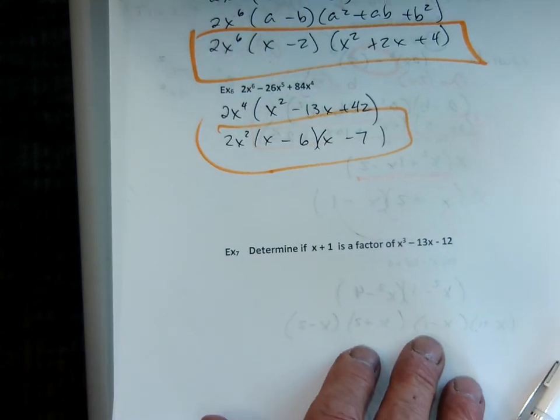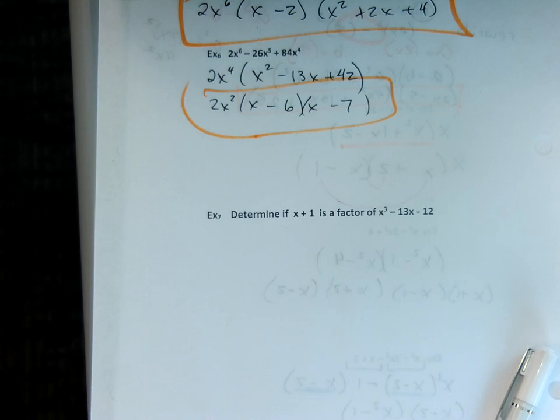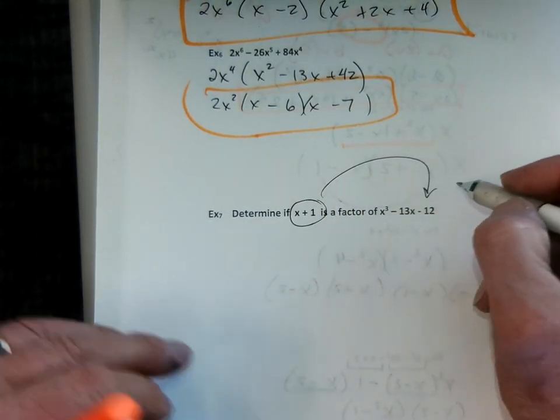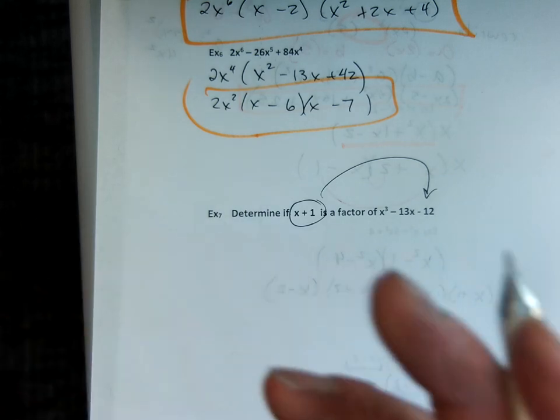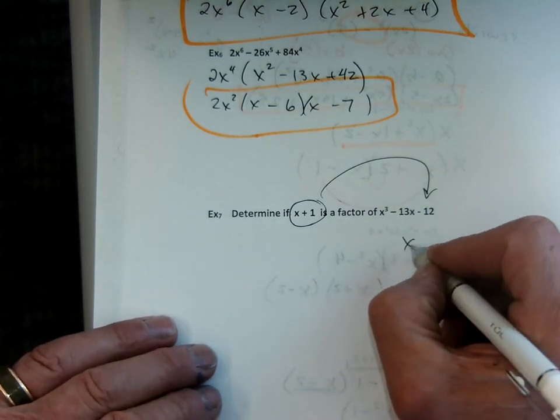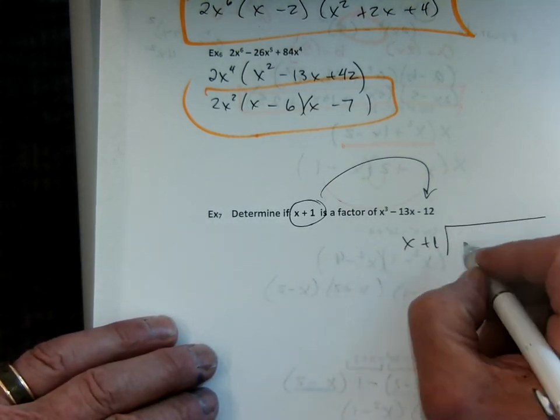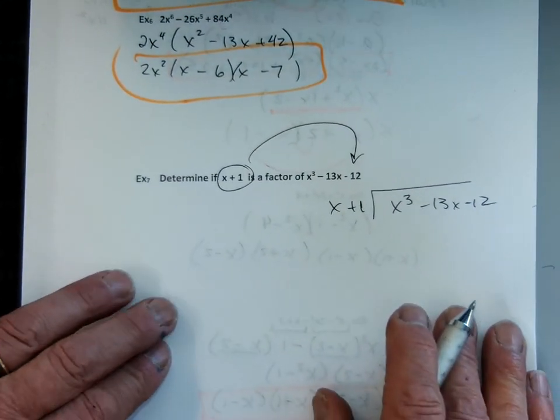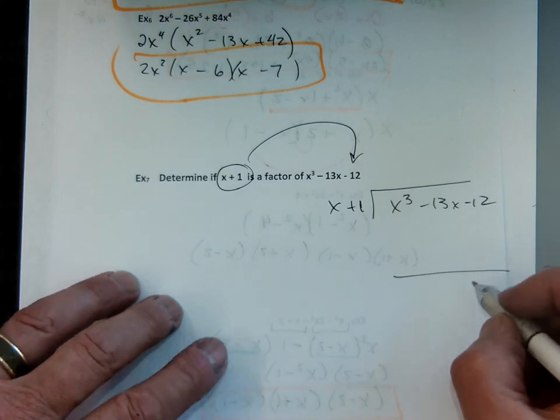Okay, number 7, almost done. So number 7, is x plus 1 a factor? Does it go in evenly? There are two ways. We could divide x plus 1 into x cubed minus 13x minus 12, and look for our remainder.